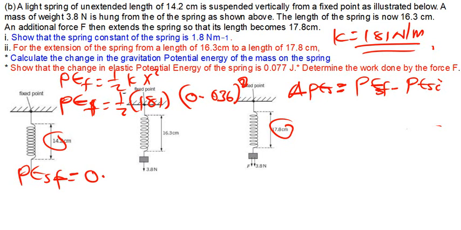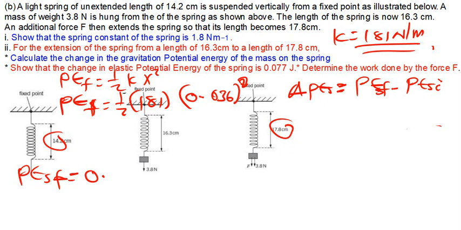Those having calculators, please help me. Those having calculators, help me.